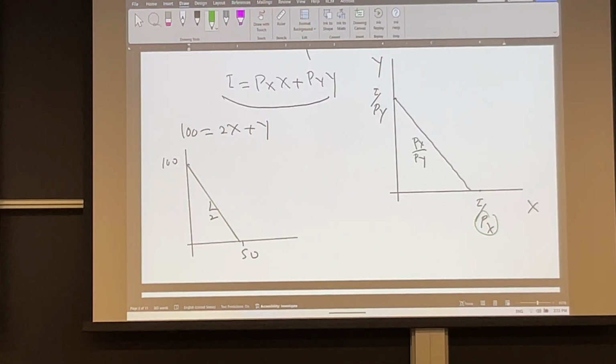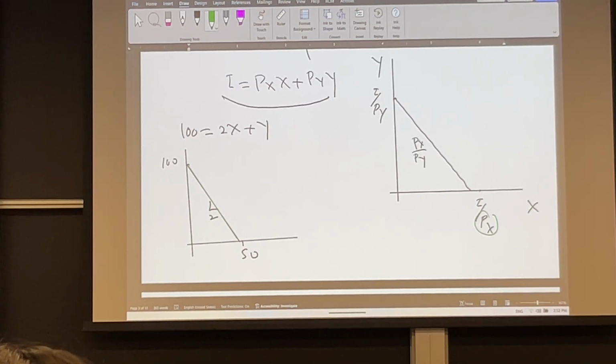Anyway, a consumer has a budget line. They have an indifference curve. We know they want to go as far out on the indifference curves as they can, because that's the way they increase their satisfaction.